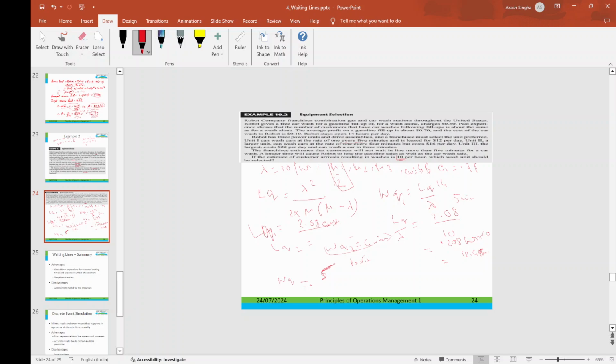So WQ formula is LQ by lambda, right? So LQ formula is this, and if you are dividing it by lambda, the lambda square will omit, and the new formula will be lambda by 2 into mu minus lambda, and this should be 5.